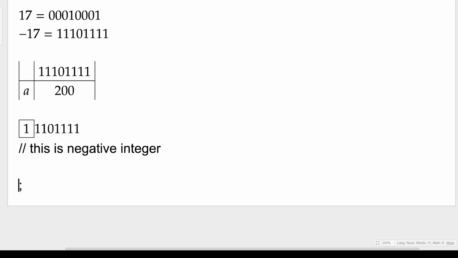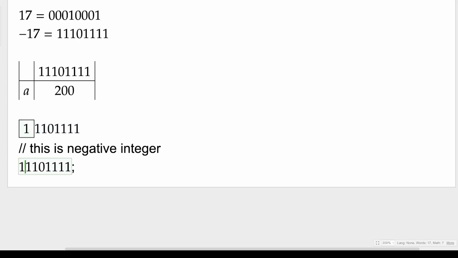So by observing the MSB, I understood this. Now what I will do to get the value of the number. Because of this MSB 1, I understood the number is negative. Now I need to get the value of this number, right? So I'll take this number as it is along with the MSB, and again I'll decode this one. In order to decode this one, I have to convert from 2's complement form to normal form. So again apply 2's complement procedure. That means start from the rightmost side and copy all the bits as it is till you get the first one.